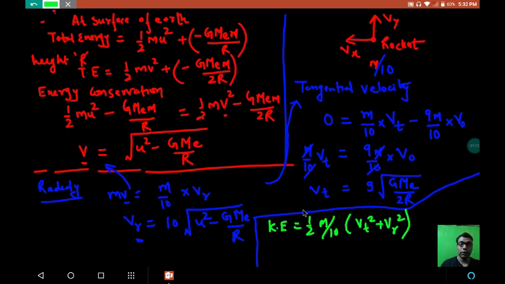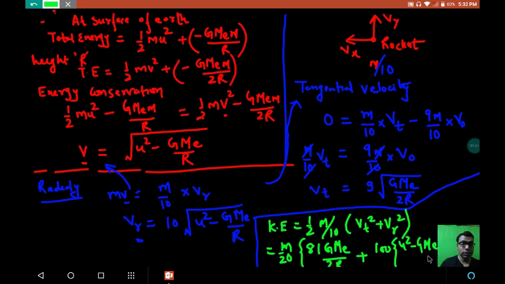On substituting these values we get 1 by 2 with m by 10. We put the value of vt here. vt square is going to be 81 GM e by R plus vr. vr is what? We put the values of 100 u square minus GM e by R. So this is the value.